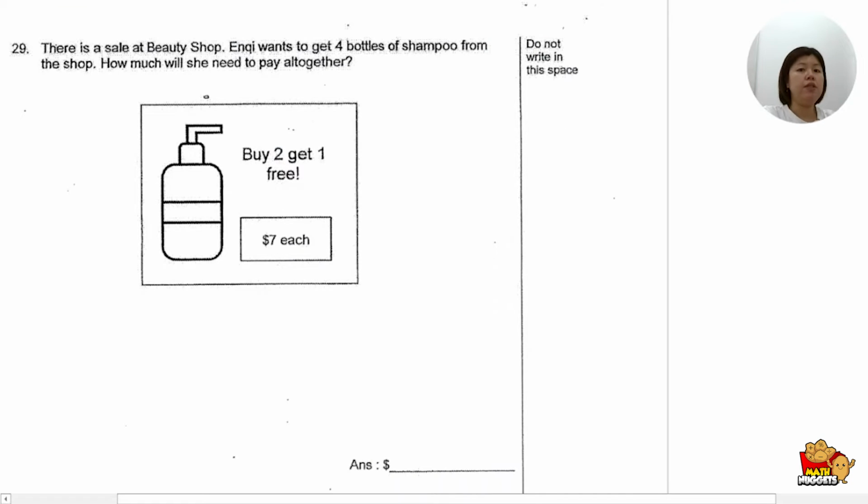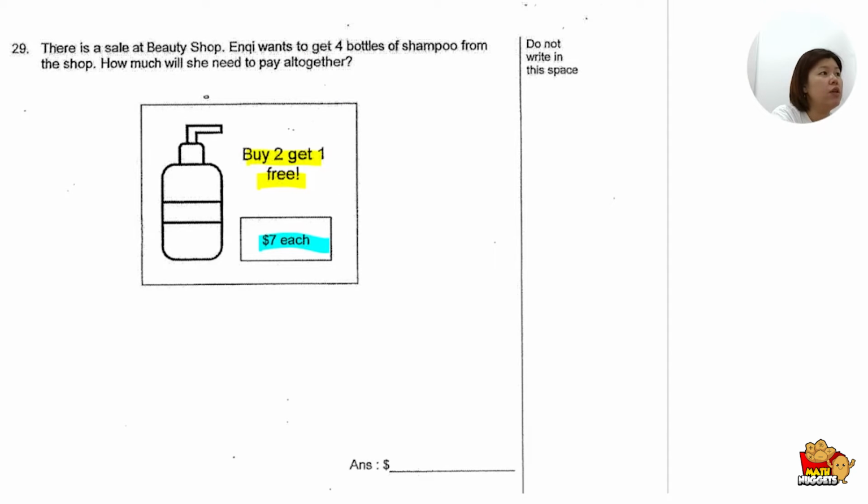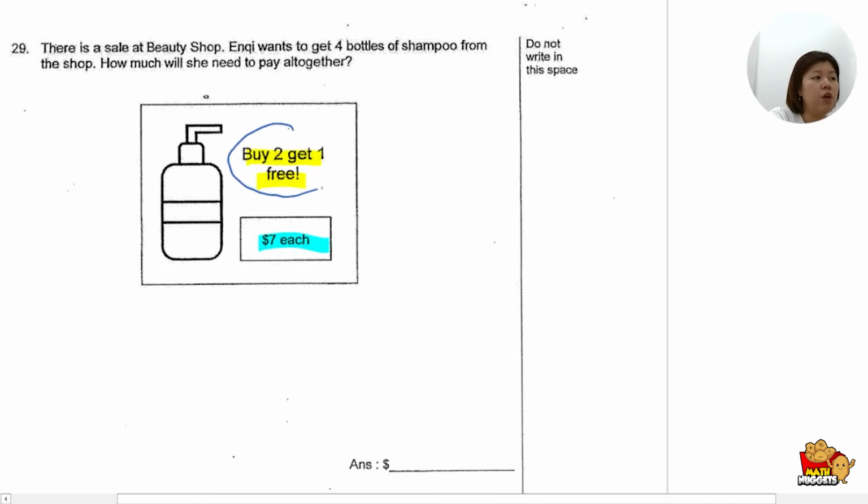Okay, next question. There is a sale in a beauty shop. Auntie wants to get 4 bottles of shampoo from the shop. So if you can see, the advertisement is buy 2 get 1 free, and 1 is $7 each. So in order to buy 4 bottles, I will get this special offer, which is buy 2 get 1 free.